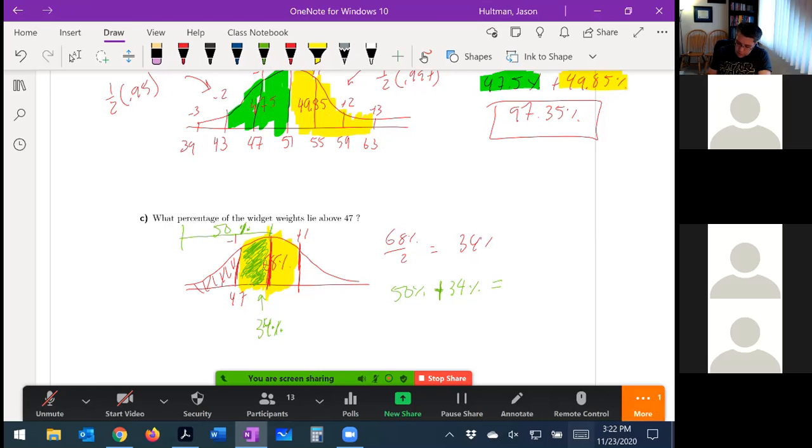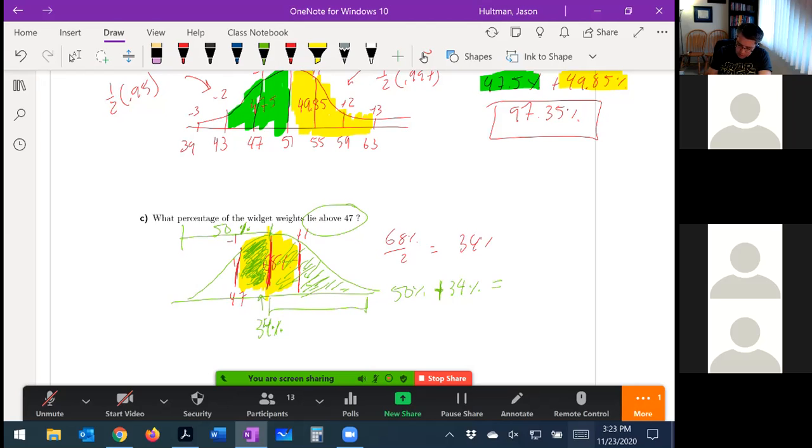plus, because it says lies above this. I read it wrong. We're not looking for just this piece. We're looking for this as well, this plus this whole thing. So this really is 34% plus this additional 50%.